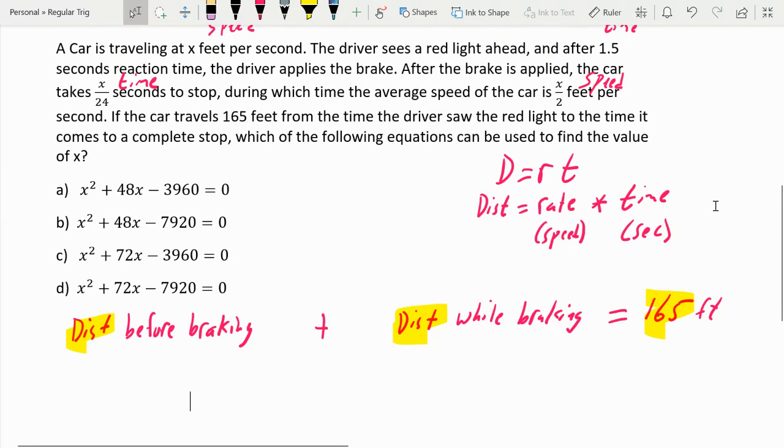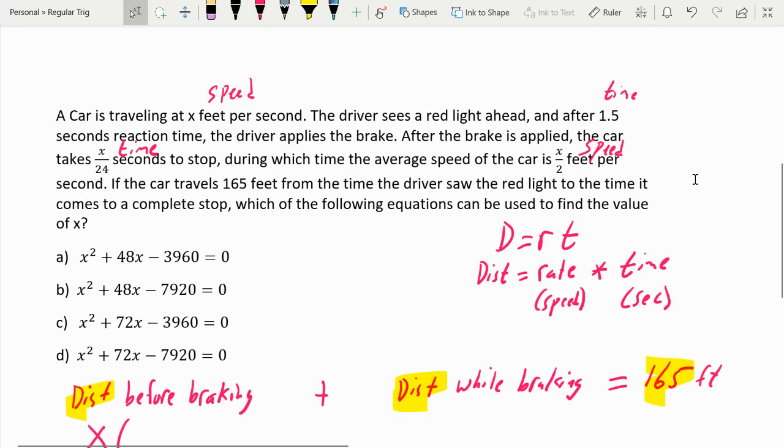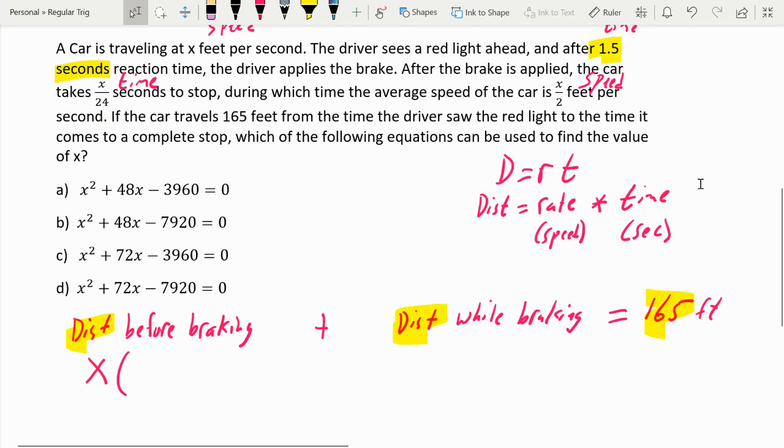It told us that before braking, this car was going x feet per second. That's a speed, that's our rate. So x feet per second times, they gave us a time also, remember, up here? 1.5 seconds.